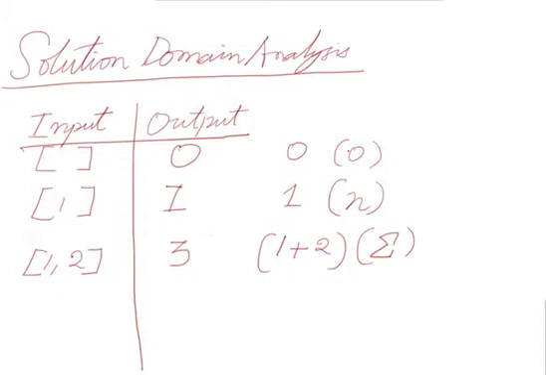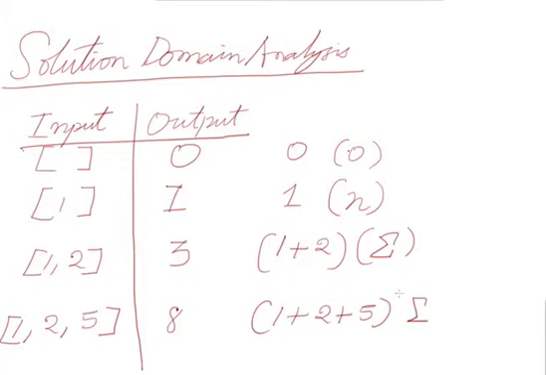Now let's take one more input, 3 numbers. In this case we have to add them all up, and the result is 8. So this is the sum of all these given numbers. So we have this result.